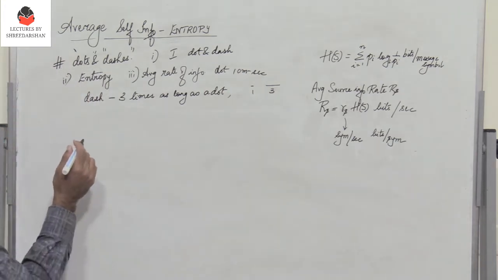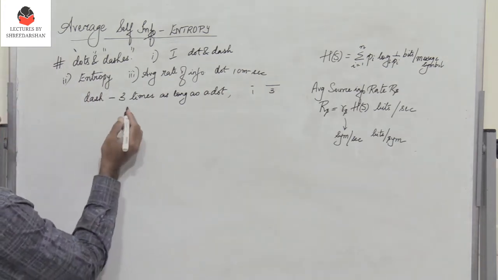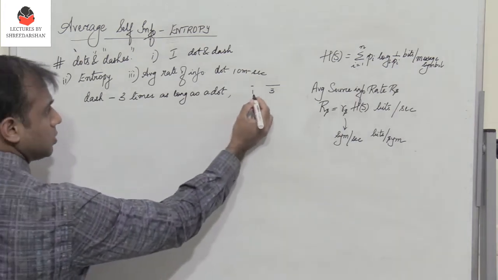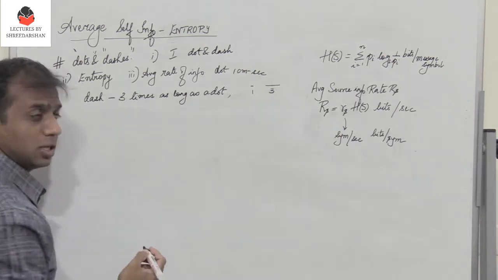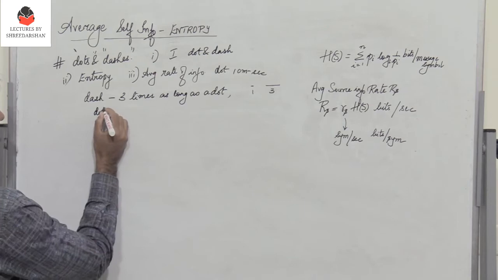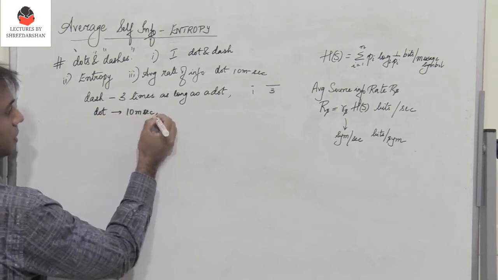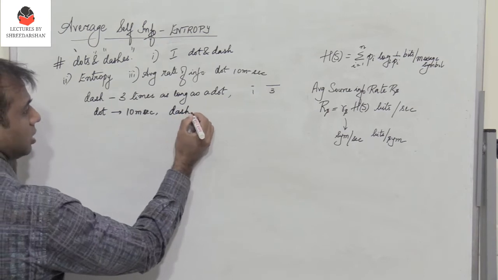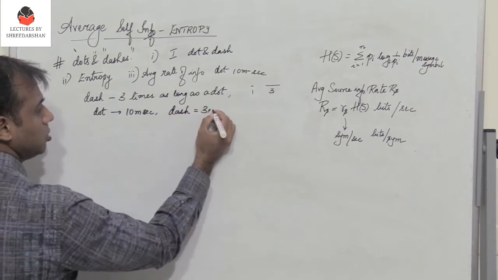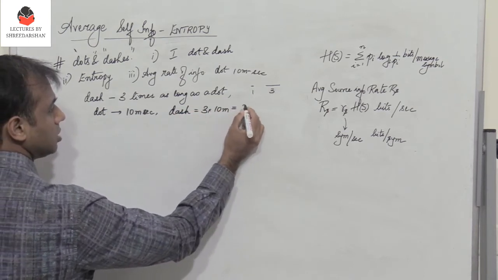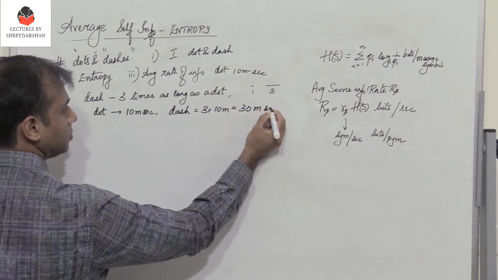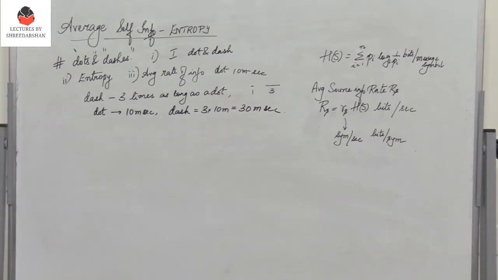Now we know that a dot is of duration 1 unit and a dash is 3 units. Therefore a dot duration is 10 milliseconds. And what about a dash? A dash is 3 into 10 milli, which is 30 milliseconds. And what about the occurrence?